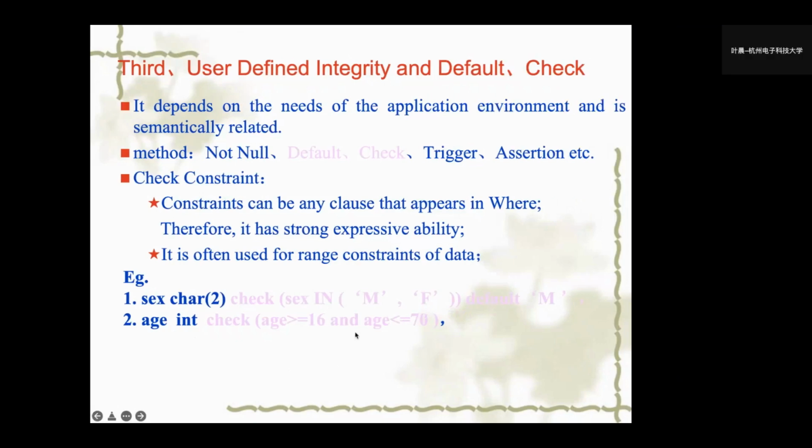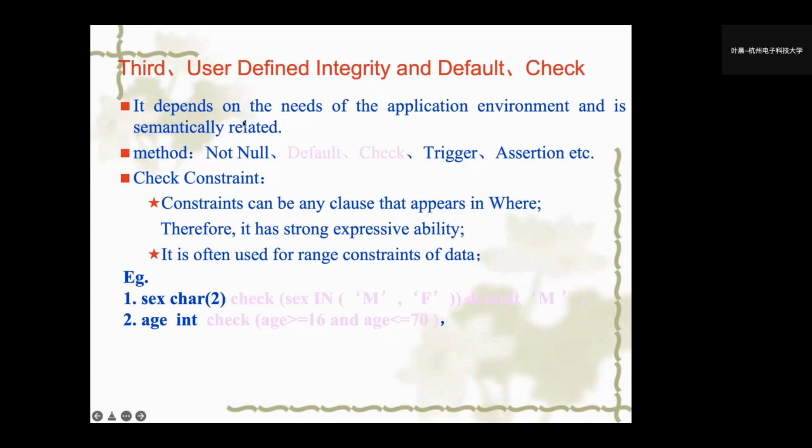And the third one is the user-defined integrity, and default and check. And here we should first describe what a user-defined integrity is. It also depends on the needs of the application environment, and is semantically related.